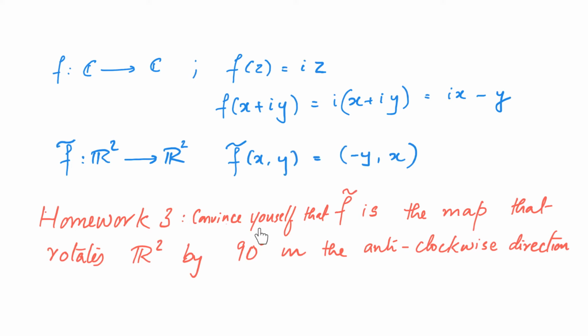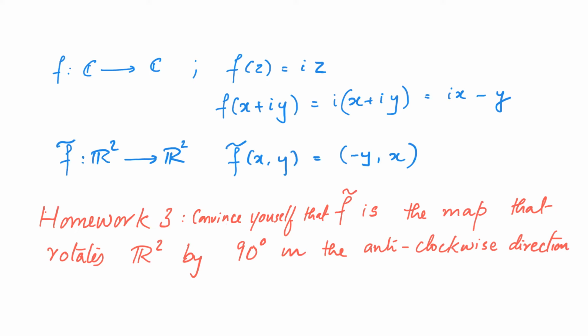Now convince yourself that this function f tilde is the map that rotates R2 by 90 degrees in the anti-clockwise direction. I will give you some pointers to start thinking. Notice that the x-axis goes to the y-axis, the y-axis goes to the x-axis, and notice one more thing.